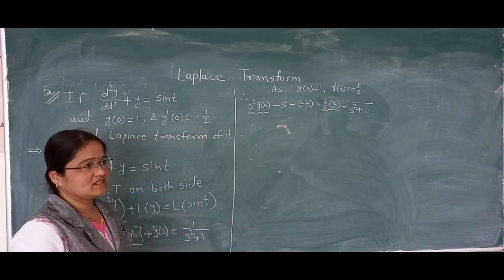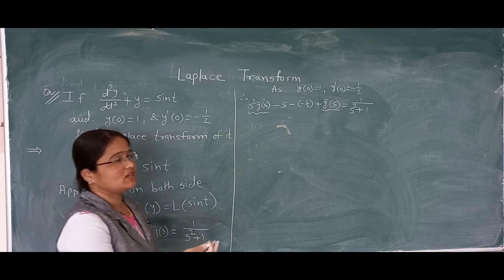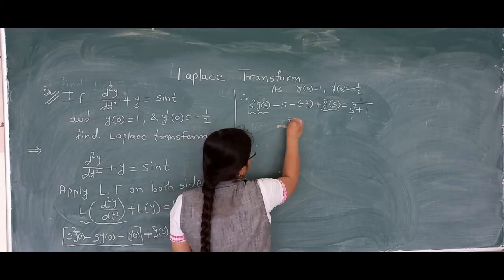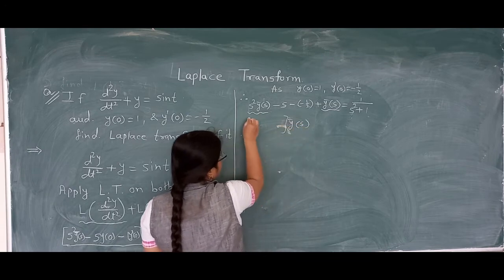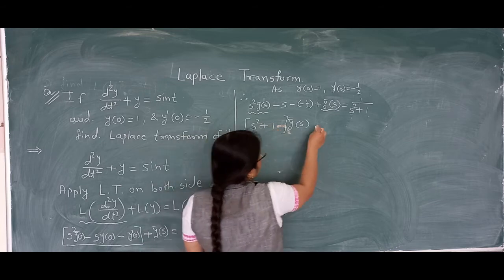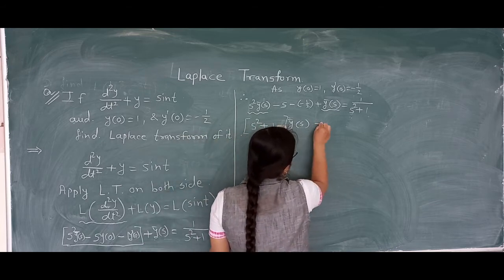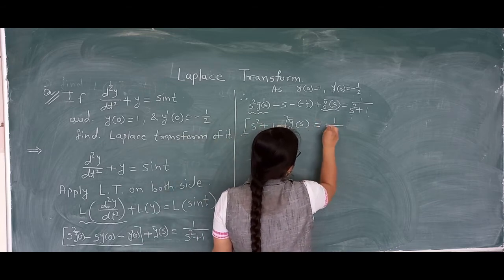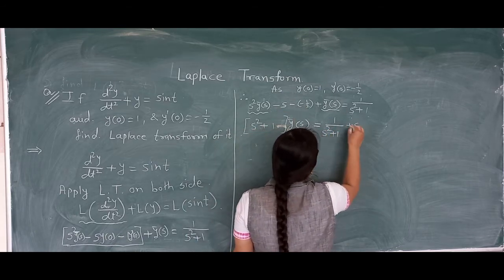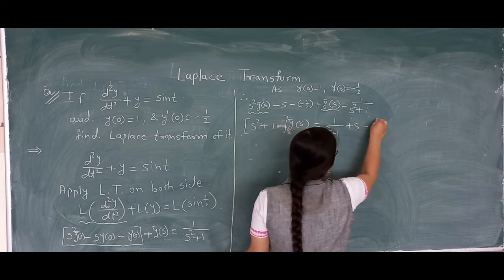On the left hand side there are more than one terms containing y bar of s, so collect the coefficient of y bar of s in one bracket. It will be s square plus 1, and all remaining terms should be sent to the right hand side. So minus s will become plus s, and this plus will become minus 1.